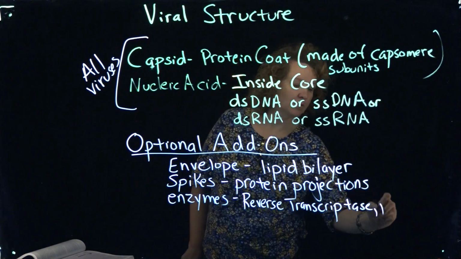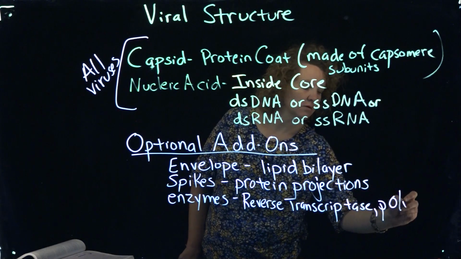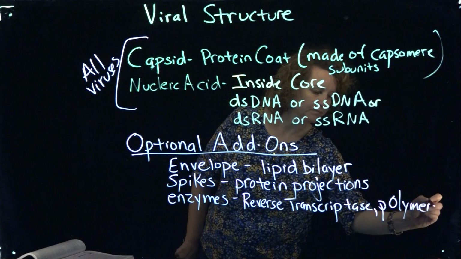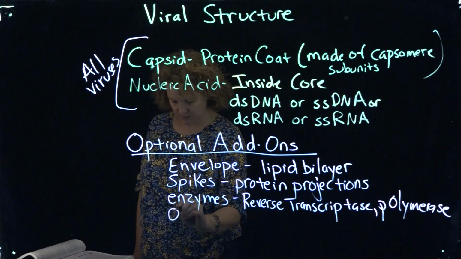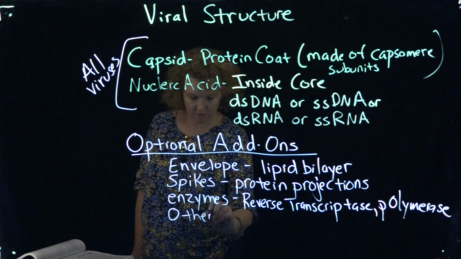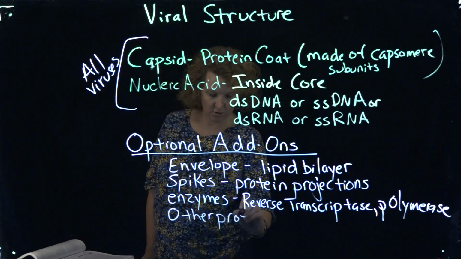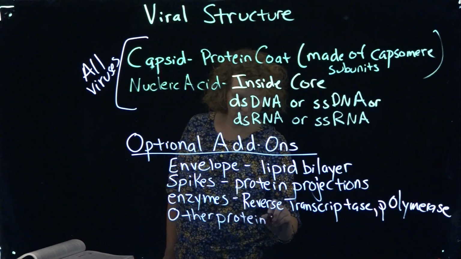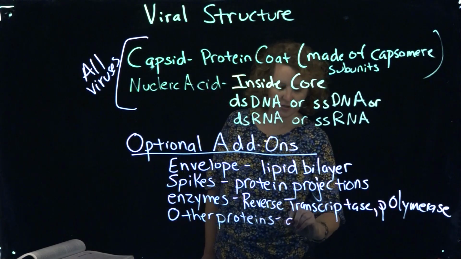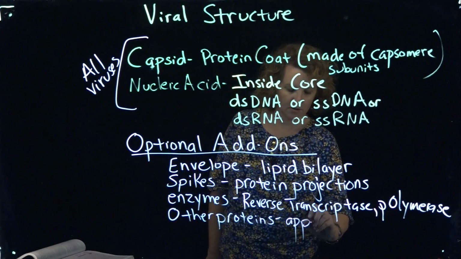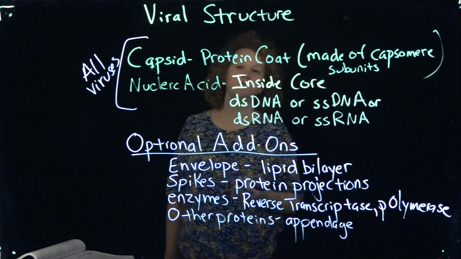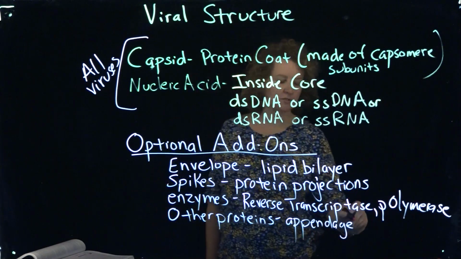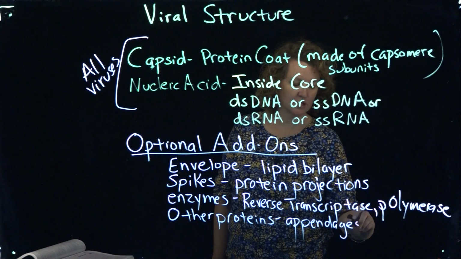You can also have polymerases. And then you might have other protein types. So there are appendages. In one complex type of virus that's fairly unique because it does have all these appendages, there are things like tail fibers and a sheath.